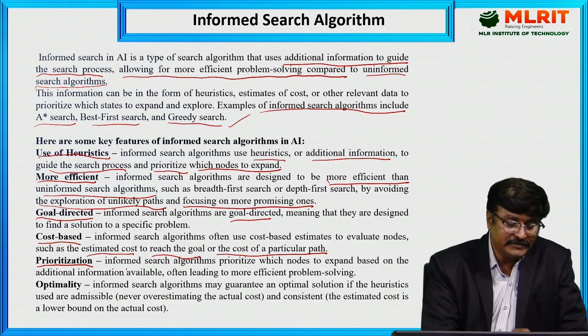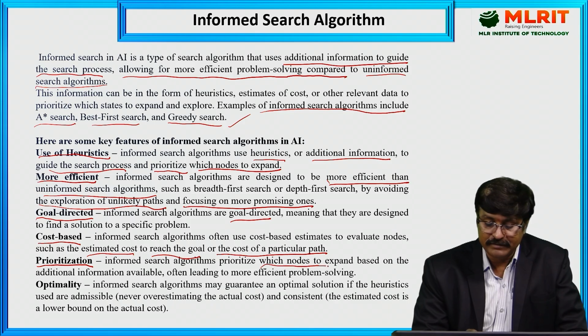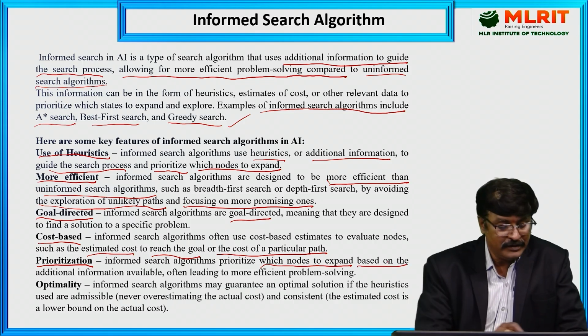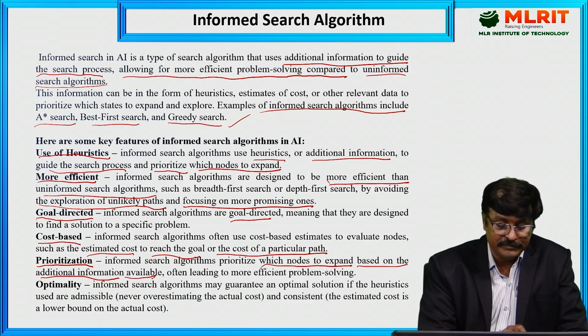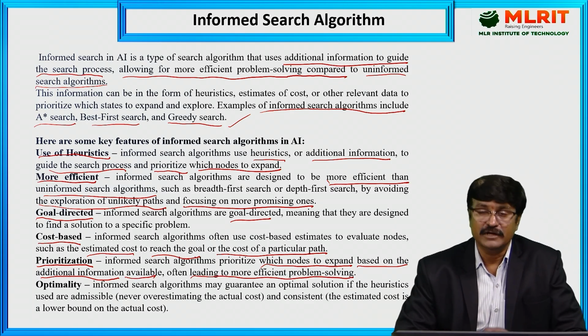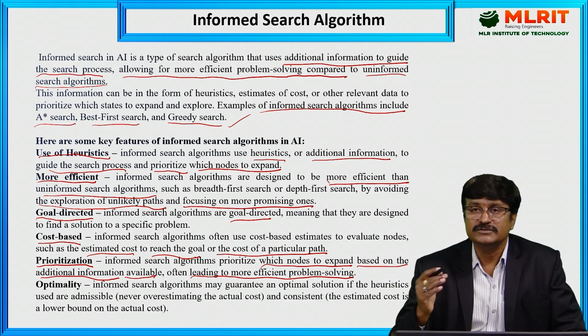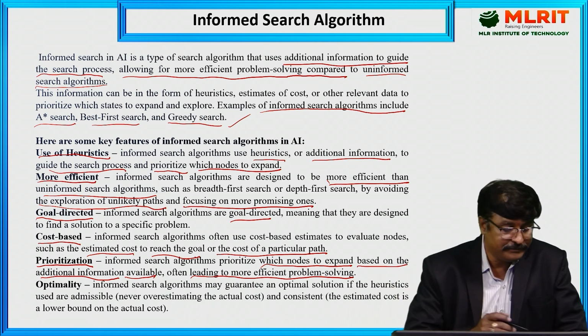So prioritization means informed search prioritizes which nodes to expand first based on the heuristic information or additional information available, often leading to more efficient problem solving, because you have every cost estimation there. Based on that cost estimation, you can prioritize the best node, expand it, and evaluate.